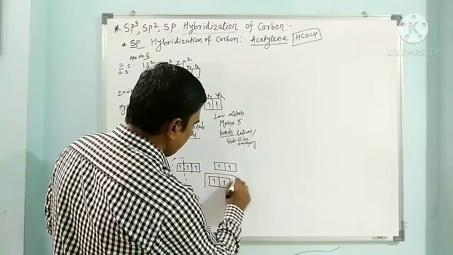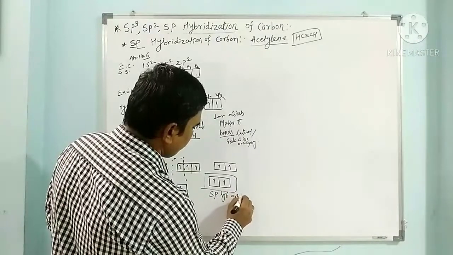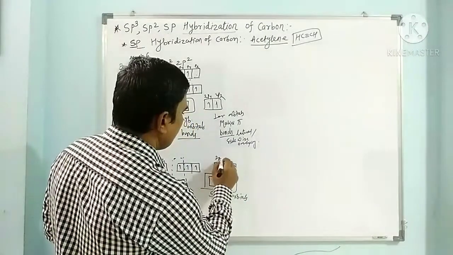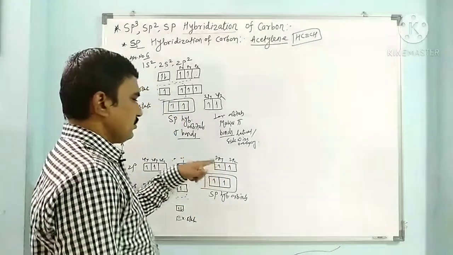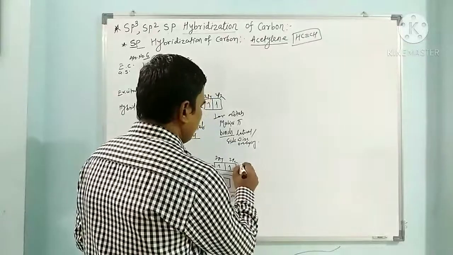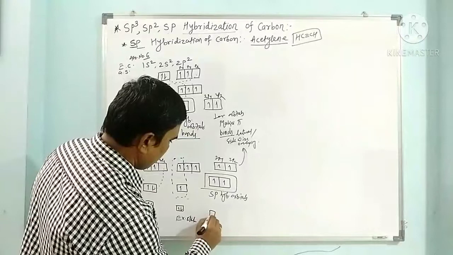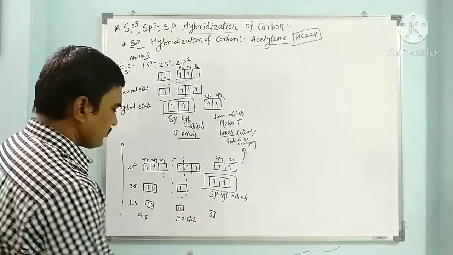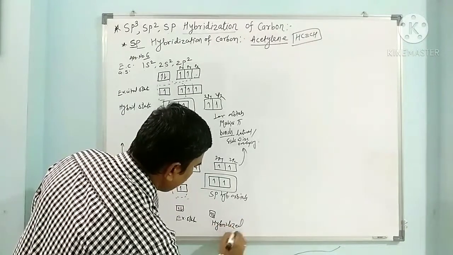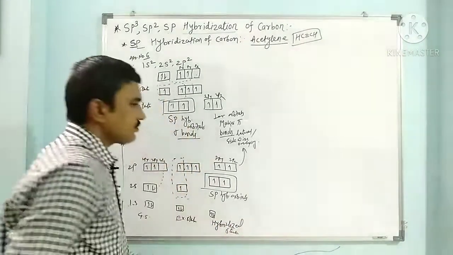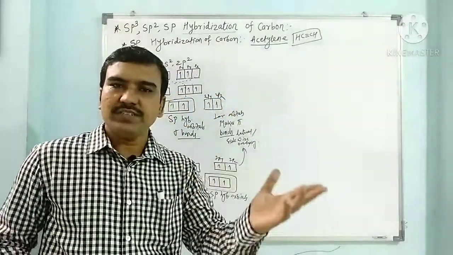These are the sp hybrid orbitals, while this is 2py and 2pz, unhybridized orbitals. These are not hybridized. So these are responsible to form pi bonds, as we have seen, and this is 1s, the position in the hybridized state.